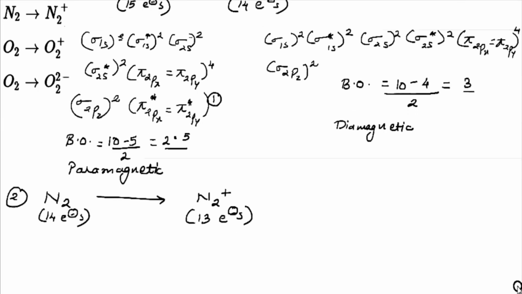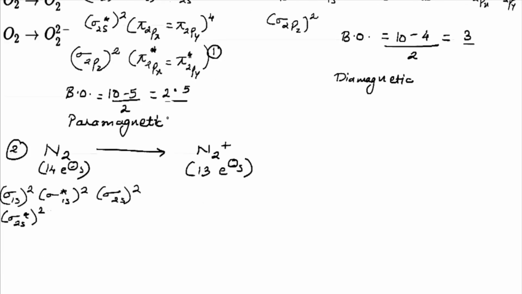So the configuration would be written in a similar manner. Sigma 1s, sigma 1s star, that is going to be the common one. If you want, you can chuck it off, but I'm writing it just to make you understand. So 8 electrons covered up, remaining 6 electrons will be accommodated as follows.